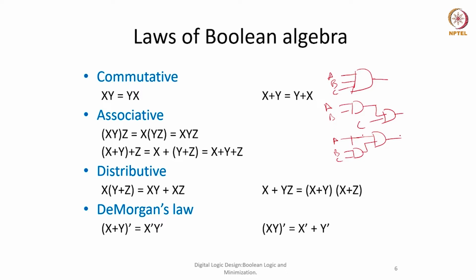Distributive is more interesting. Basically, this is a mixing of two operations. Now y plus z is an OR operation, and outside it's an AND. So if I want to AND x with the OR of y and z, I can also do it as an AND of x and y, ORed with the AND of x and z.